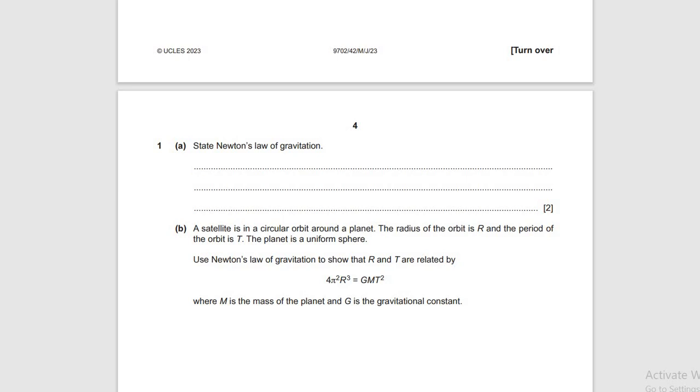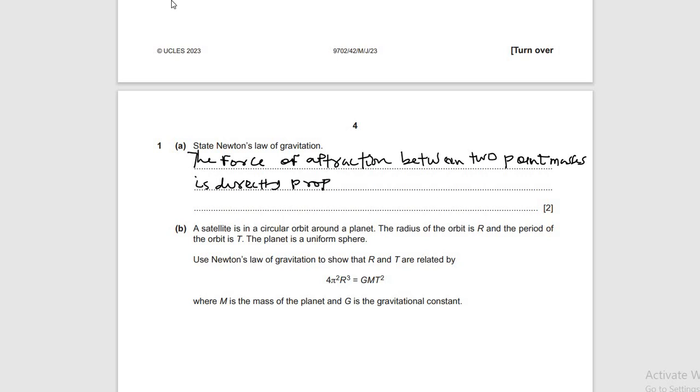The law states that the force of attraction between 2-point masses, the force of attraction, this is the keyword, 2-point masses, is directly proportional to the product of the masses.